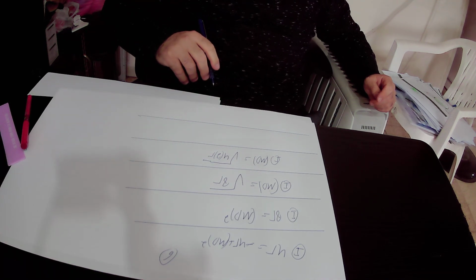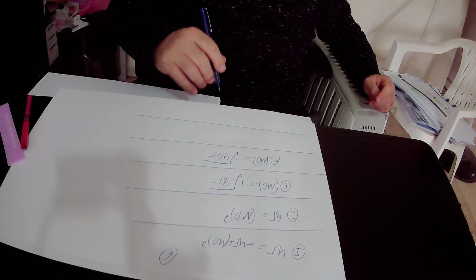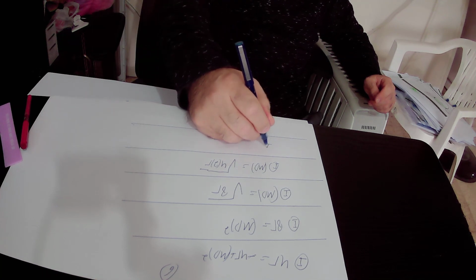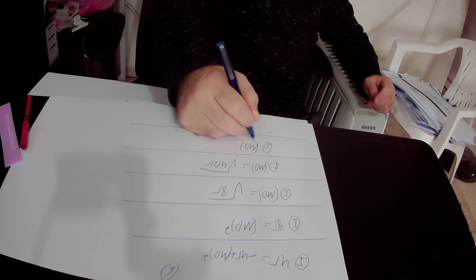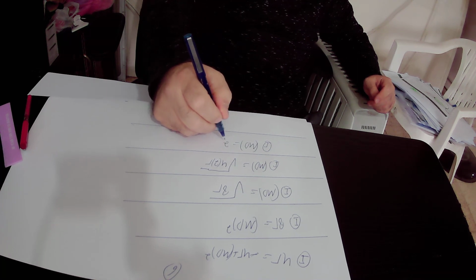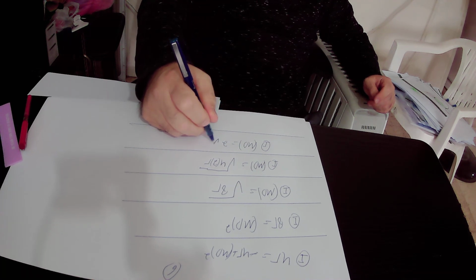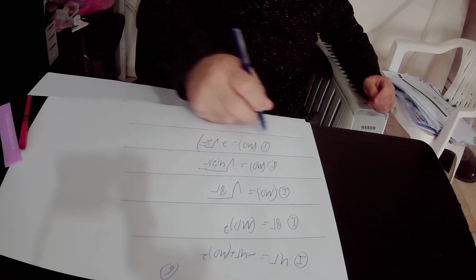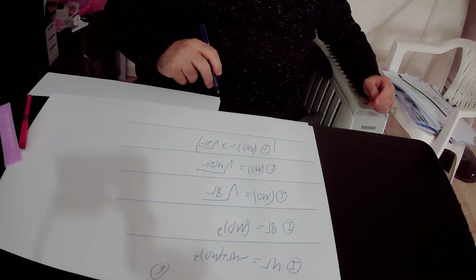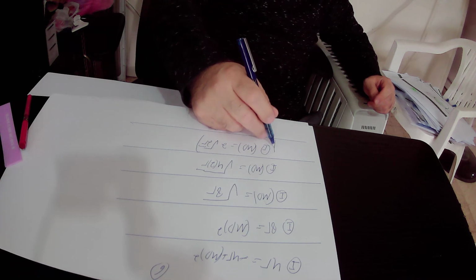We know that the square root of 4 is 2, so I will write it down. In total we will get that MD equals 2 times the square root of 2R.